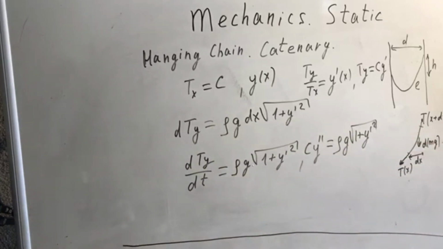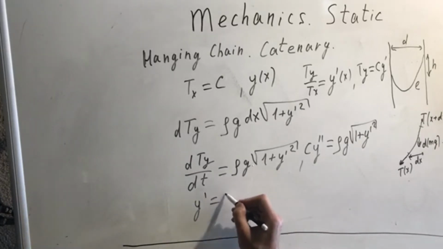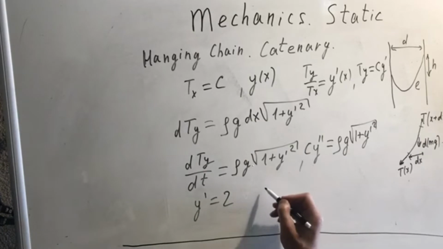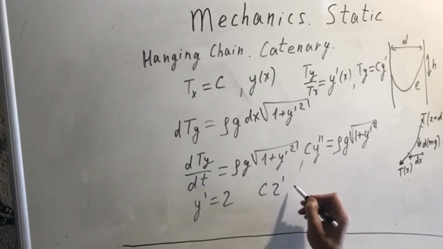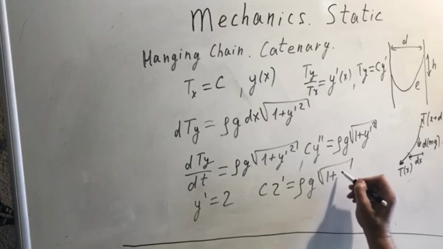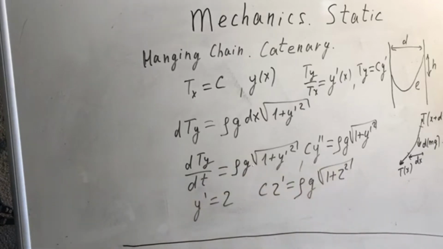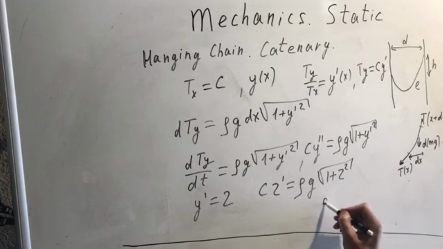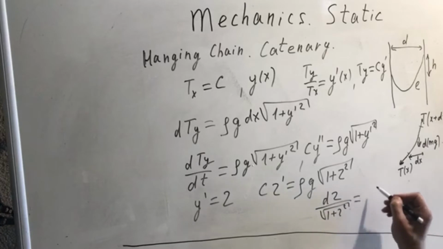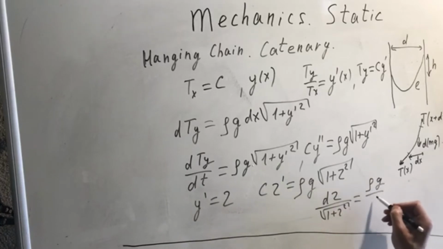Now we can substitute y prime as a new function z and rewrite this equation in the form of C z prime equals rho g root of 1 plus z squared, or we have this expression: dz over root of 1 plus z squared equals rho g over C dx.